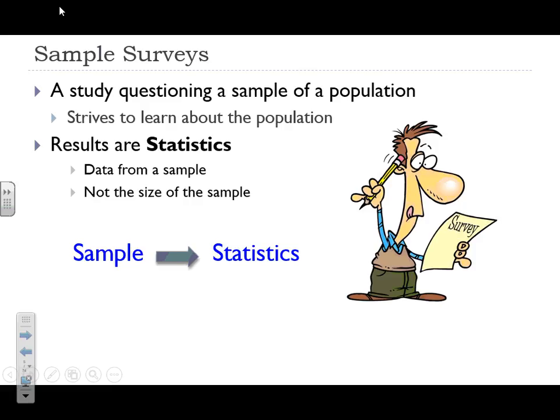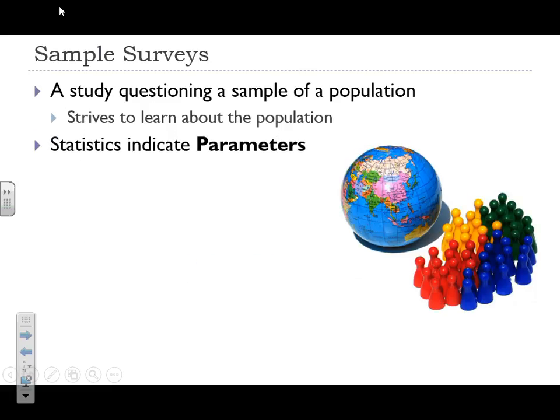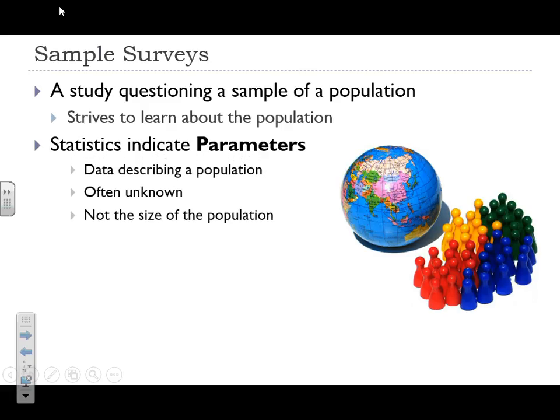Now, if we had access to our entire population, and we were able to get information from our entire population, we would be collecting or calculating what's called a parameter. So this is the second really important part here. These are the two pieces of data that you can be working with. So a parameter is a value calculated from the entire population.